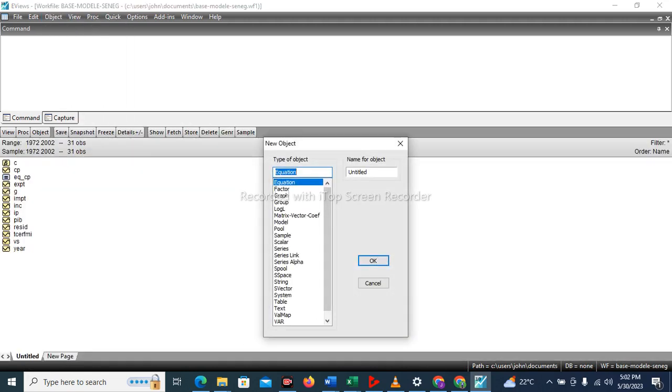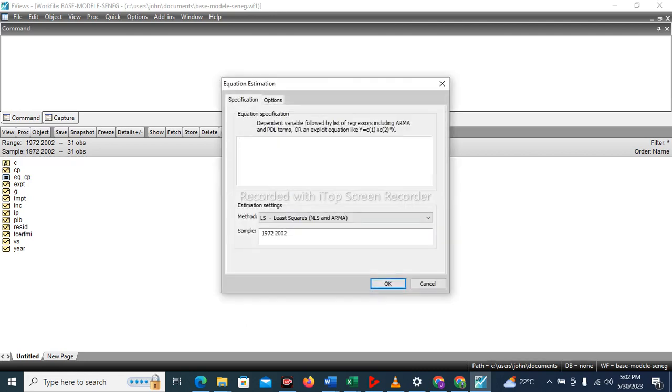You can see our private consumption equation is well labeled. So now we are interested in private investment. We say equation, then private investment IP, then click OK. Then you define your equation. Again, we use log IP, then C, the constant, then log PIB, since it was a function of gross domestic product.